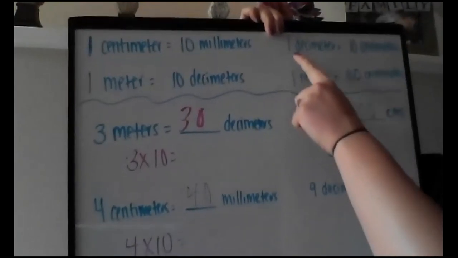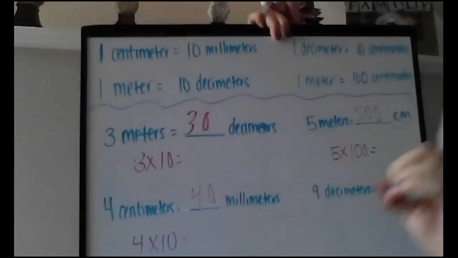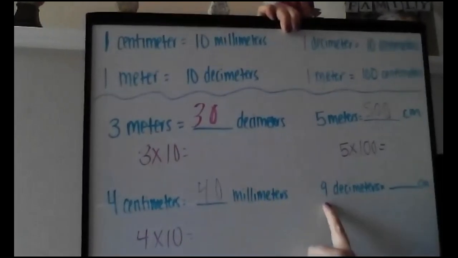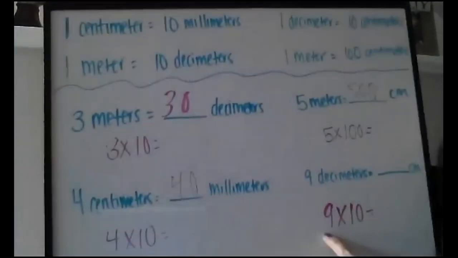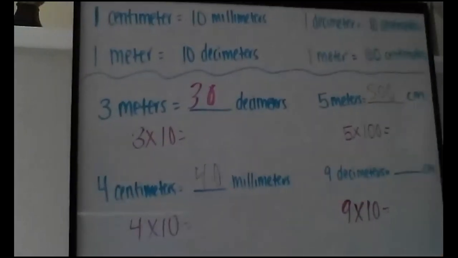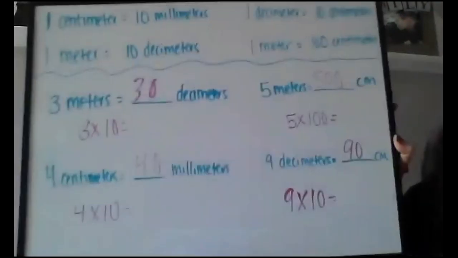Well, let's look up here. I have 1 decimeter equaling 10 centimeters. So if 1 decimeter equals 10 centimeters, how many would 9 decimeters equal? You should be thinking, 9 times 10. There are 9 decimeters and there are 10 centimeters in each decimeter. So 9 times 10 equals 90.